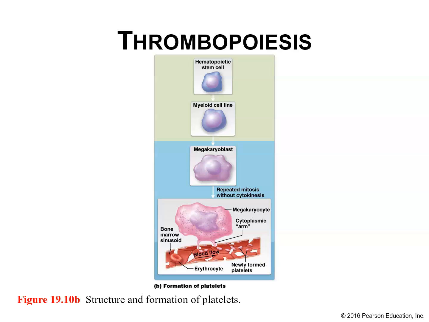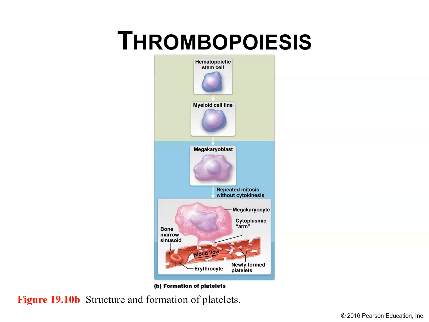So in thrombopoiesis, the making of platelets, you have a hematopoietic stem cell. Remember, this is a stem cell for all of your blood cells. Then it becomes a myeloid cell line, the same cell line that differentiates into your basophils and neutrophils and eosinophils. It then becomes a megakaryoblast, which then goes through repeated mitosis without cytokinesis, so you don't get any splitting of the cytoplasm.